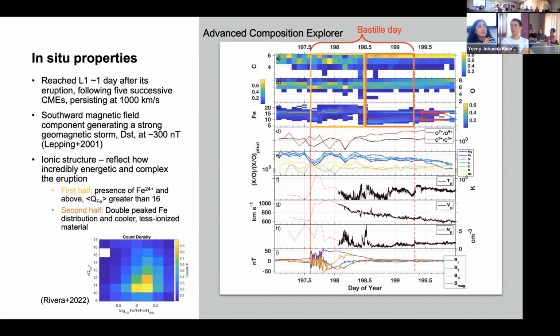You're not sure what the leading edge is? I mean, I'm sure we know what it is. You mean in this?